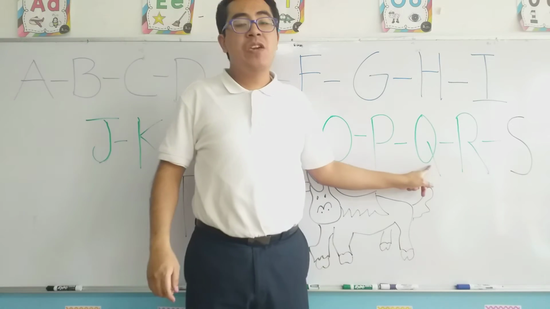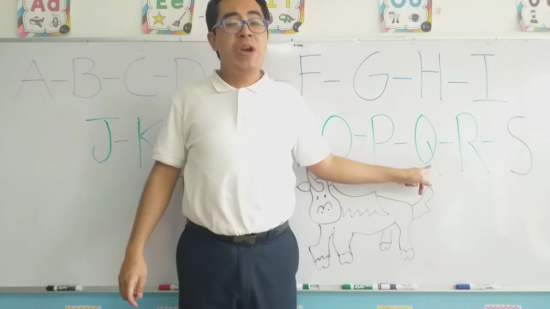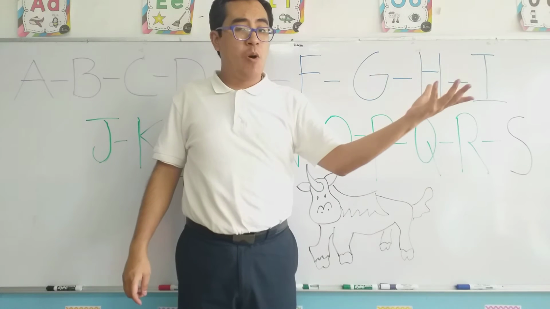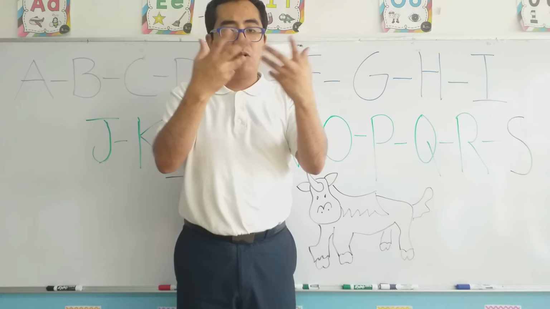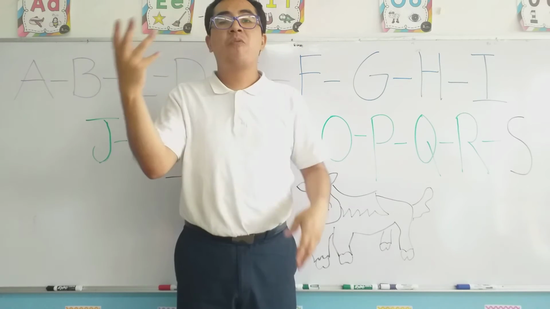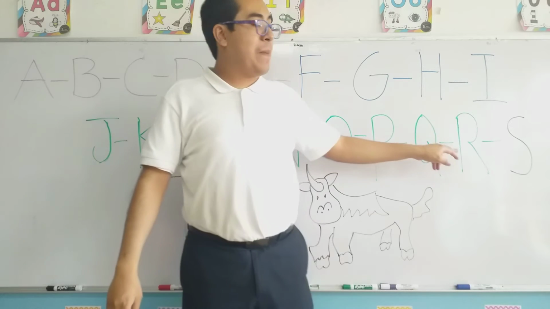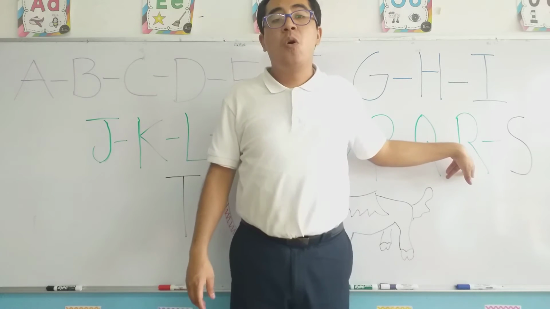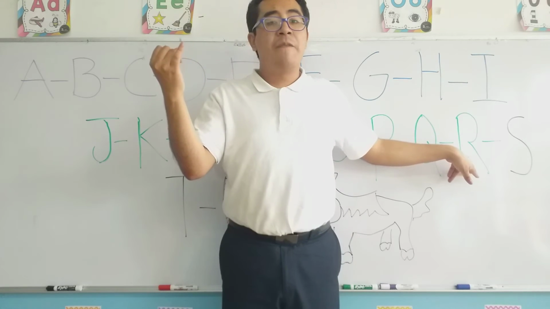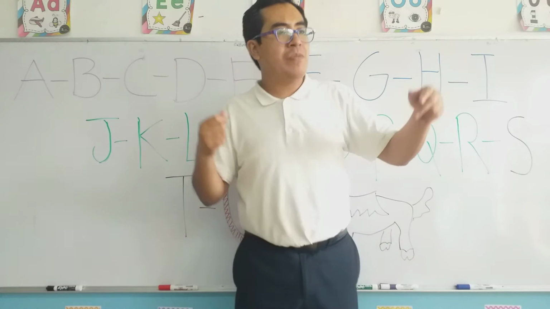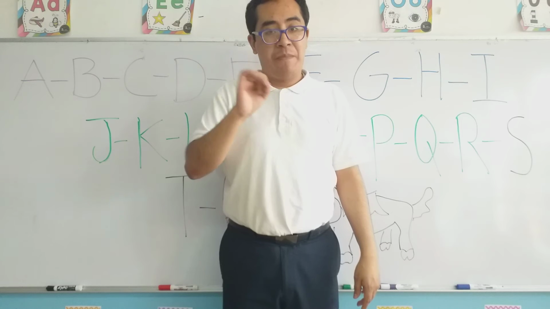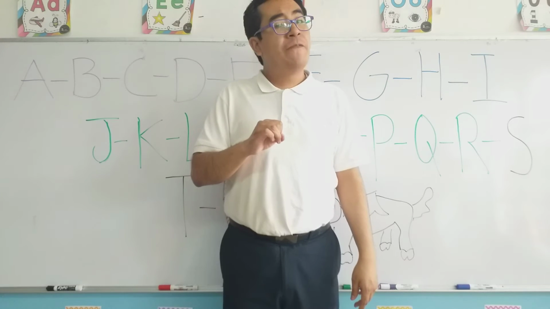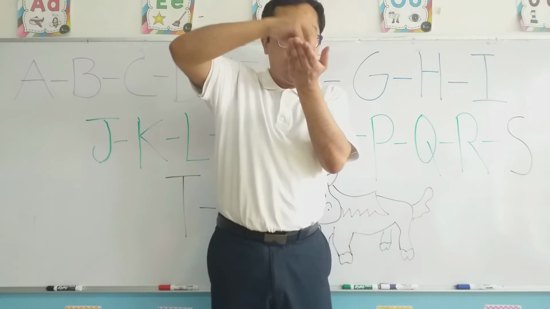With capital Q, we had the queen. King for boys, queen for girls. Both of them are rulers of Teddyland. Queen, reina. Capital R of ruler, of radio, to listen to music. Of rabbit. Remember the rabbit, the animal of the farm that is always jumping.